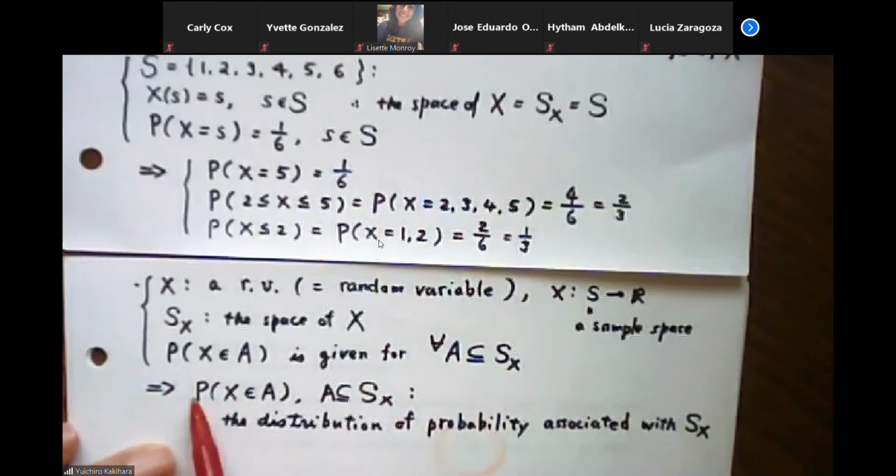This is called the distribution of probability associated with the space S sub X.